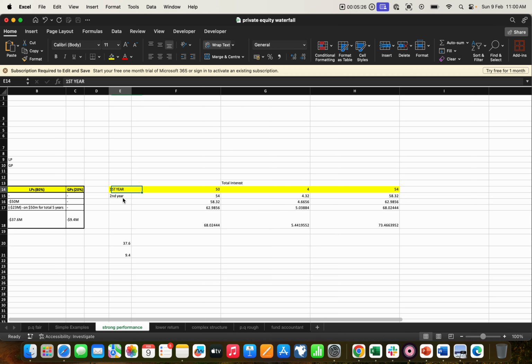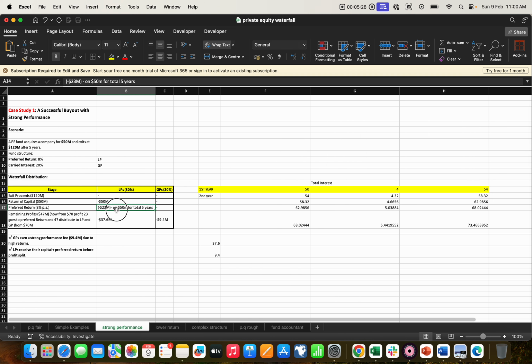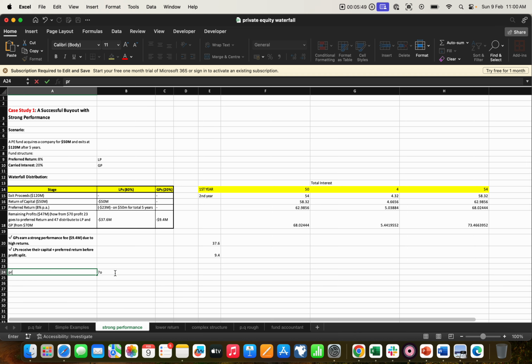So 23 million is distributed to the LP. So here the LP gets this, on 50 million for 5 years. So on a cumulative basis it is distributed to the LP. Then 70 million is the profit. Out of 70 million, I write down here profit.